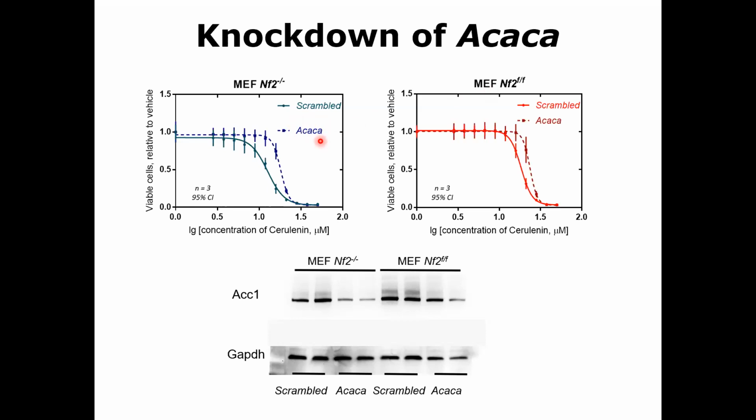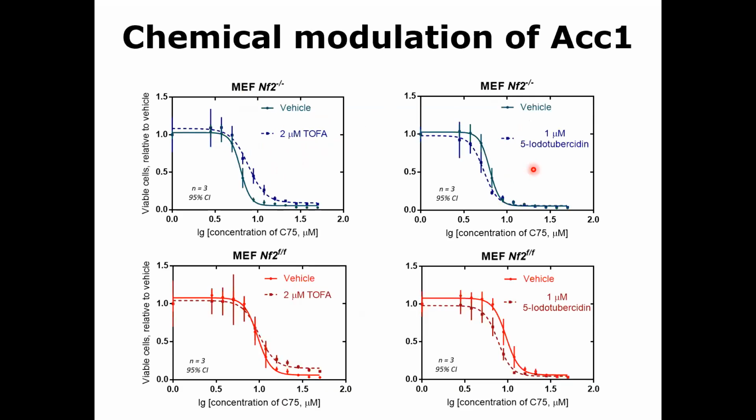And indeed, when knocking out this ACC gene, we got the decrease of sensitivity to Cyrilline in NF2 deficient cells and even in NF2 flux cells. The chemical modulation of acetyl-CoA carboxylase activity also gave the same effect.